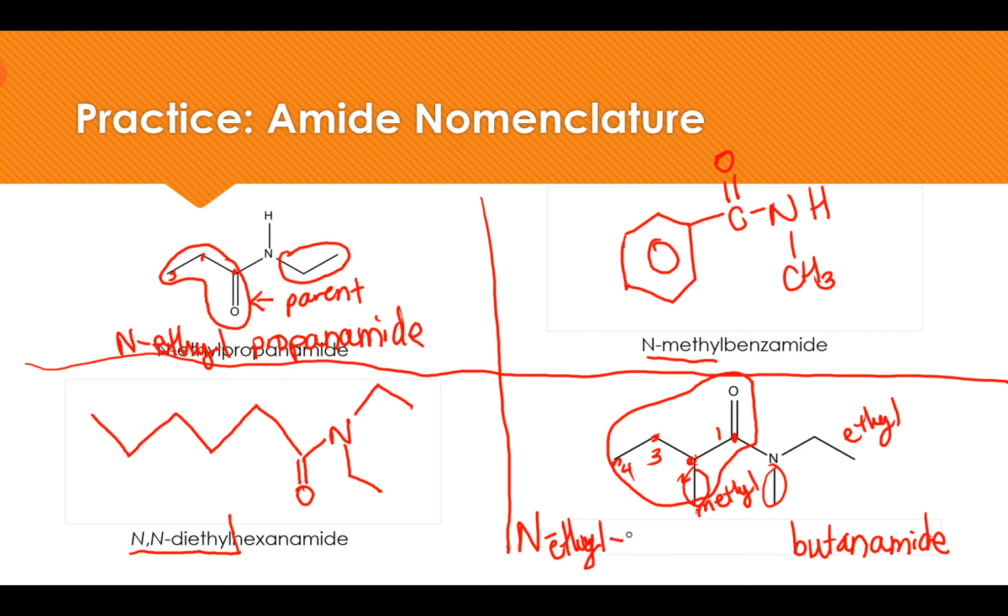And then we have 2,N-dimethyl. 2,N-dimethyl butanamide. Or N-2.